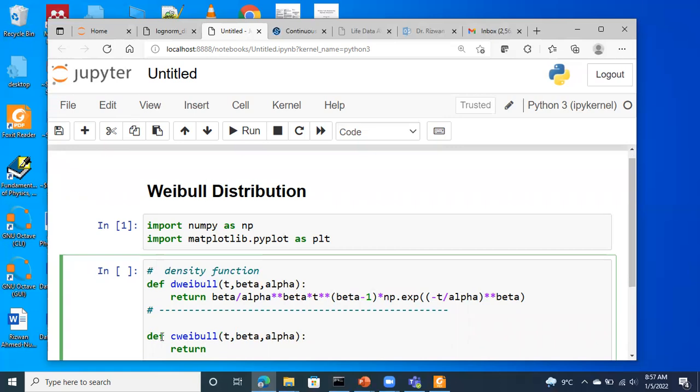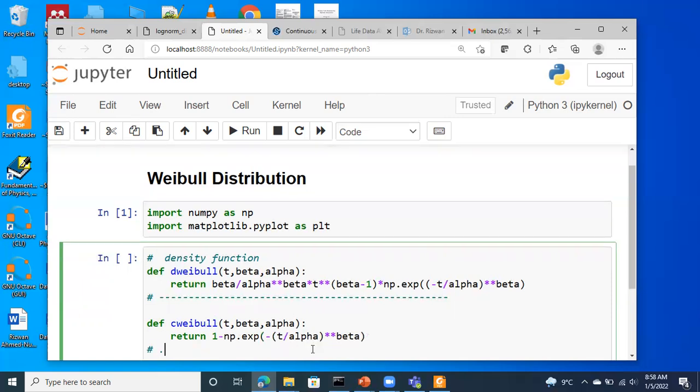It should return the value 1 minus numpy exponential function of minus t over alpha, raised to the power beta. And that's it. Now let's test these two functions, right?